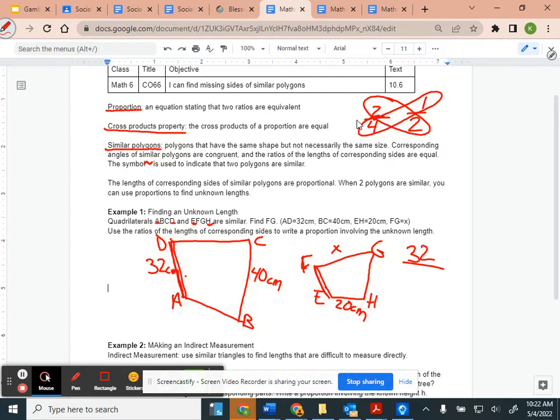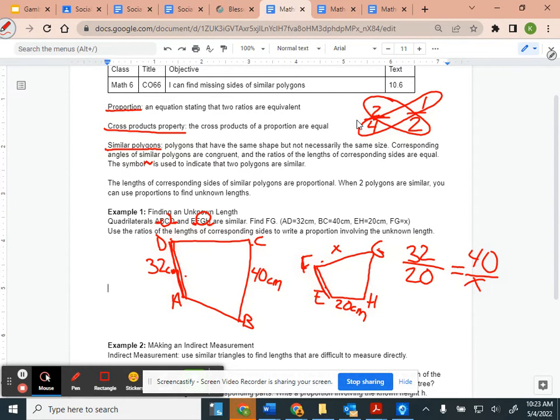We have to match it up according to their names. AD goes with EH, which is 20. Before I simplify it, we're using the cross products. BC is 40. It's going to match up with FG, and FG is our X. That's what we want to find.